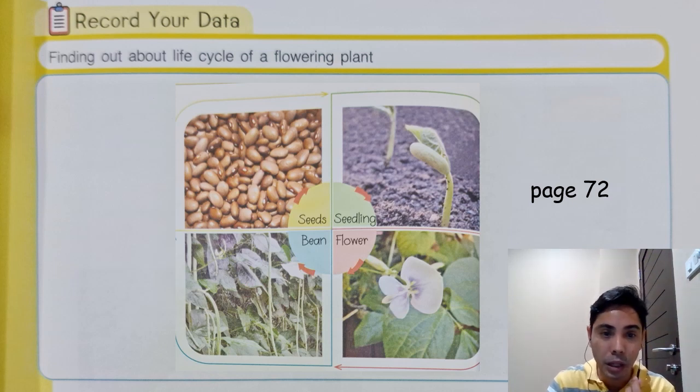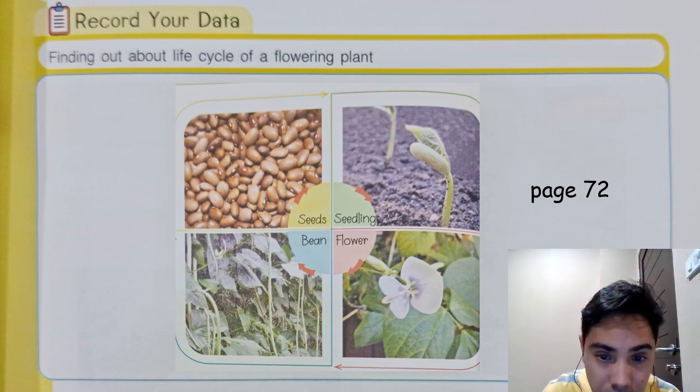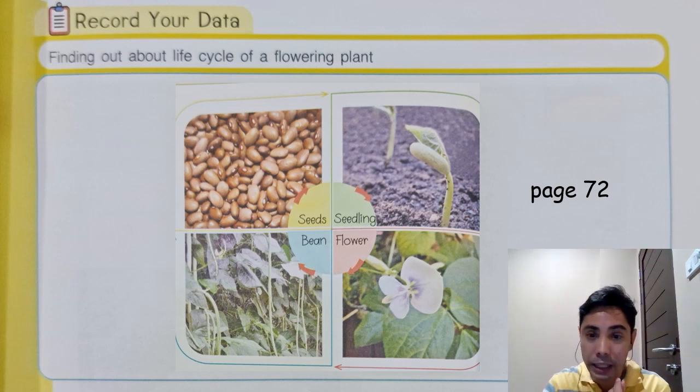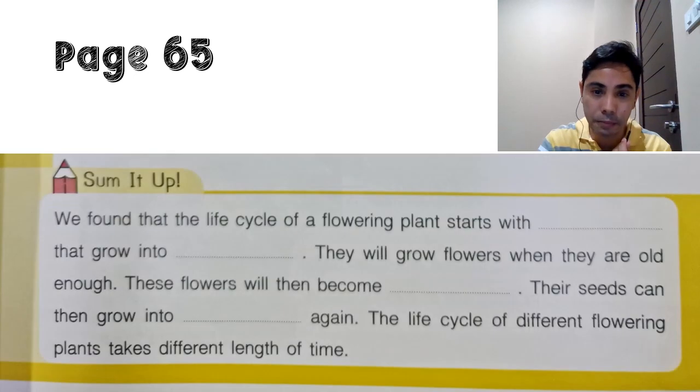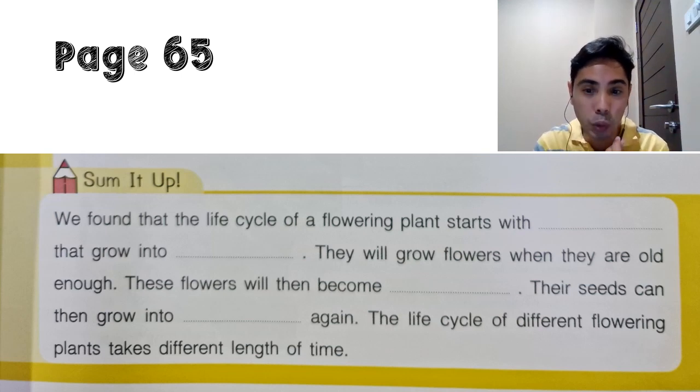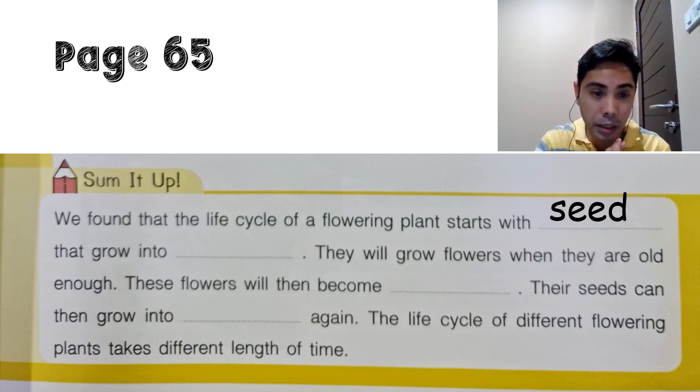Now, this is what kind of plant? Can you guess? Yes, it's a bean plant. Now, on page 65, we can see that the life cycle of a flowering plant starts with a seed that grows into a, can you guess?